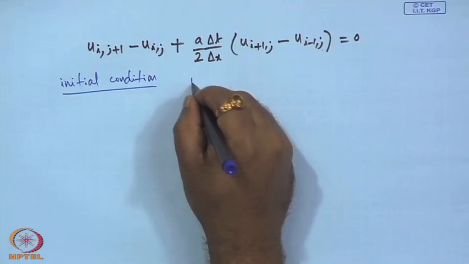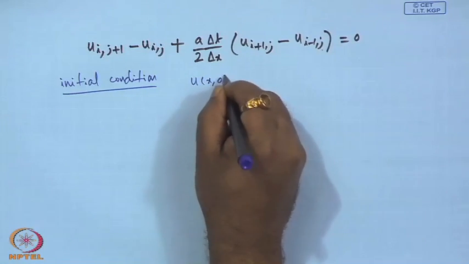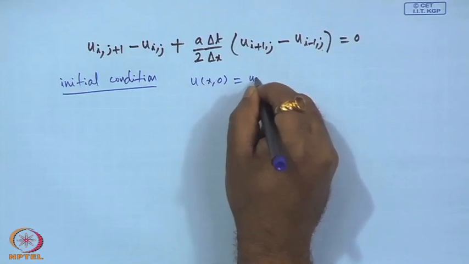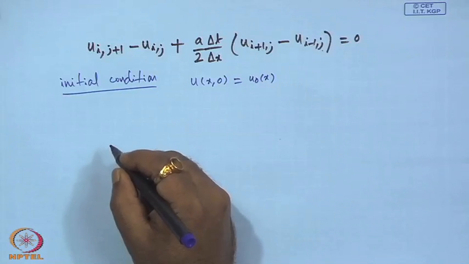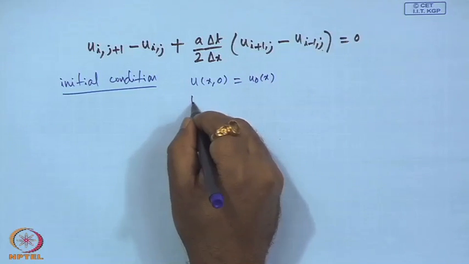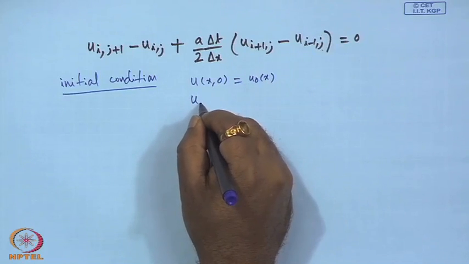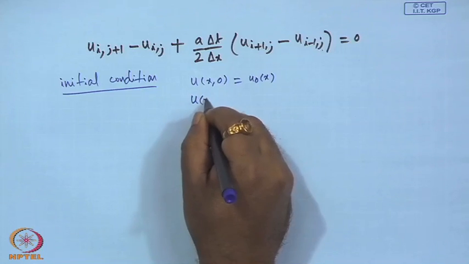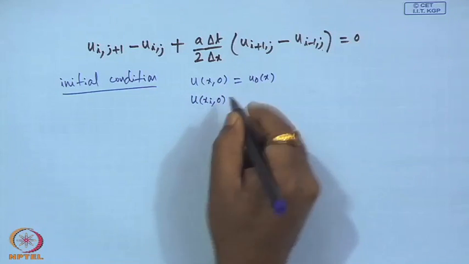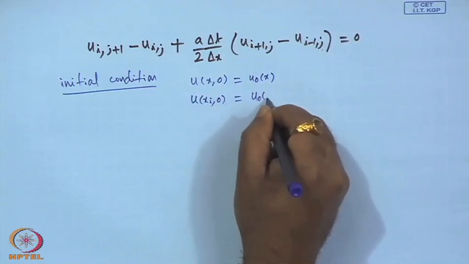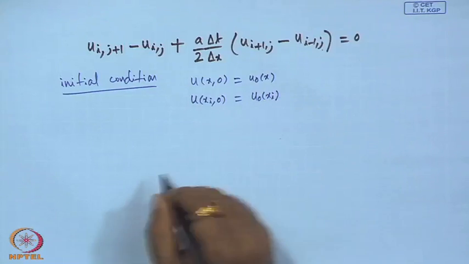So, initial condition u of x, 0 is u 0 of x. Correspondingly it will be discretized as u of x_i, 0 equals u 0 of x_i.